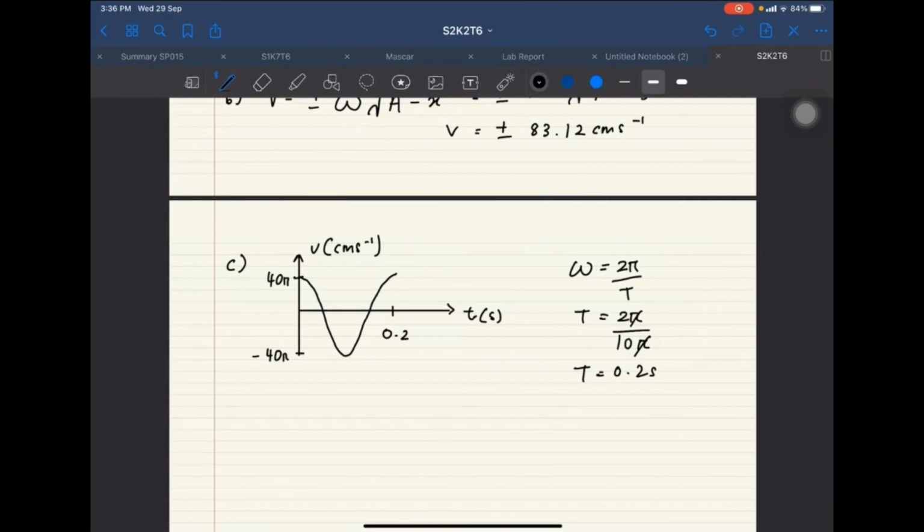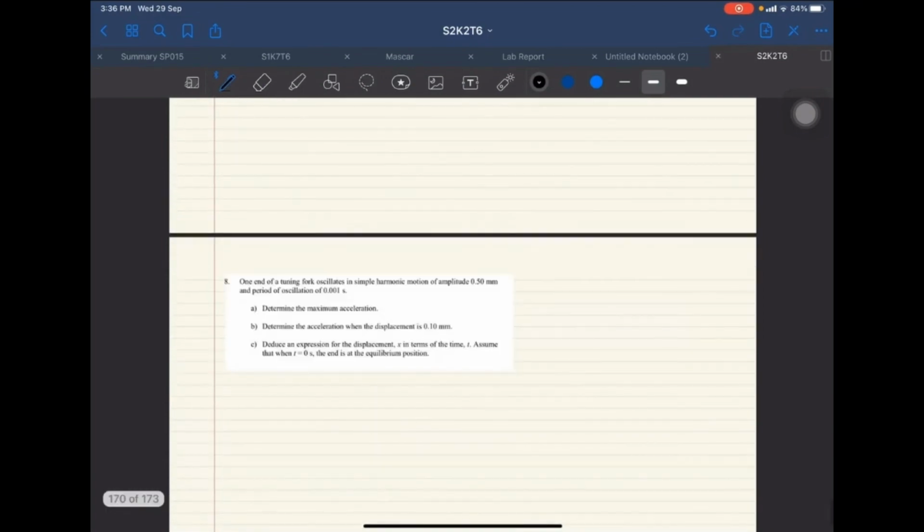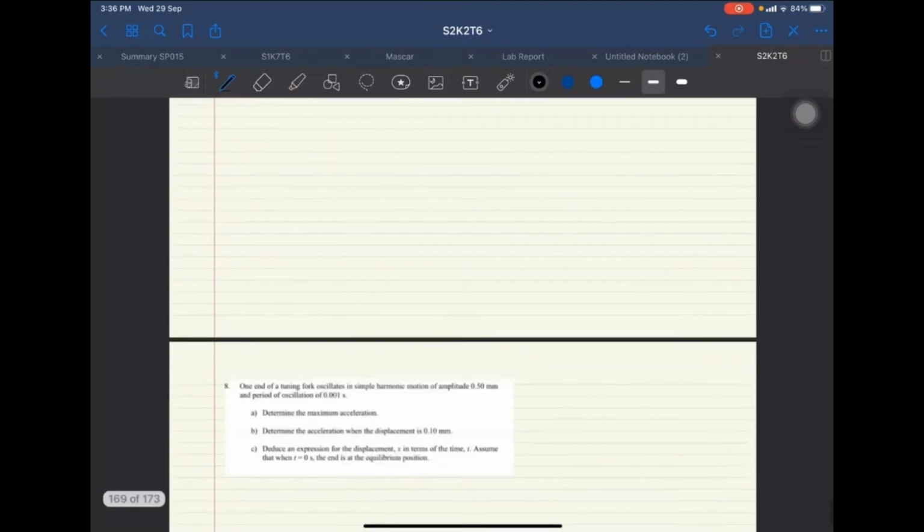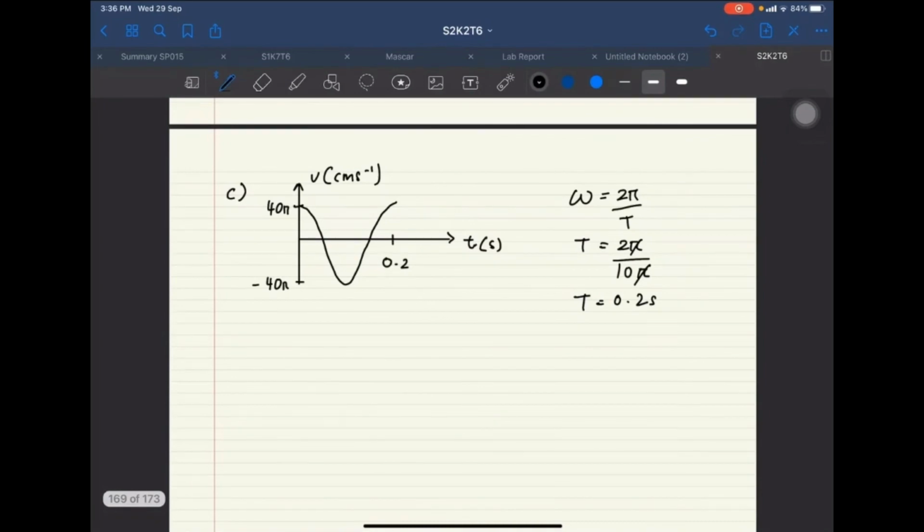Boleh sir. Now moving on to the next question, which is question 8. Sir, sebelum tu kan, kalau dia bagi sentimeter, kita tak payah tukar jadi SI unit lah. Boleh tukar, nak tukar, tak tukar pun tak apa. Lagi senang tak payah tukar kan sir? Tapi be careful lah, kalau tak tukar tu, make sure kamu guna unit yang tak tukar tu lah, which is centimeter per second.